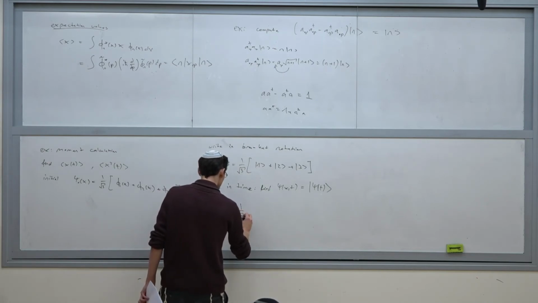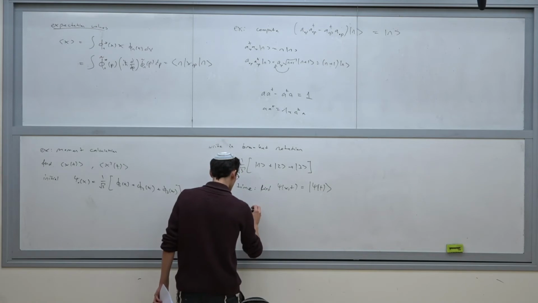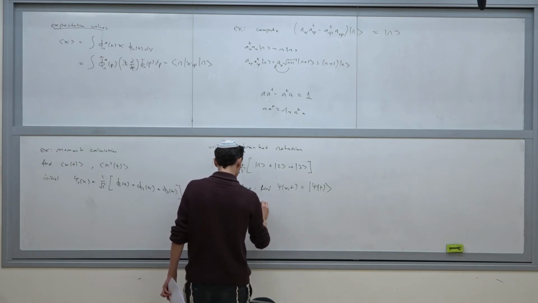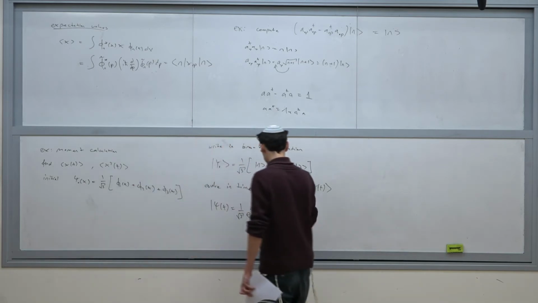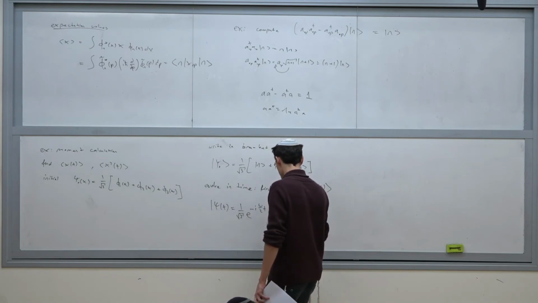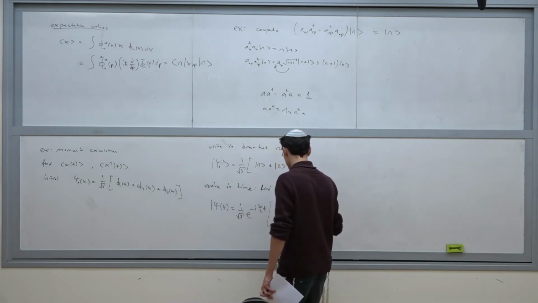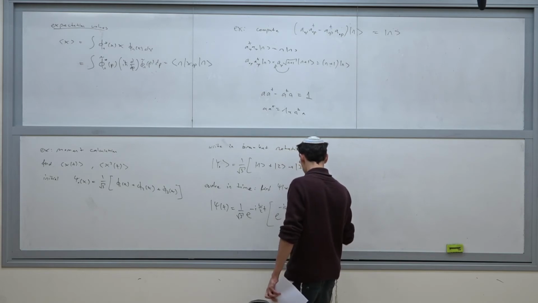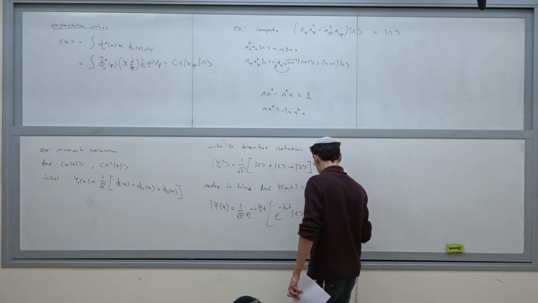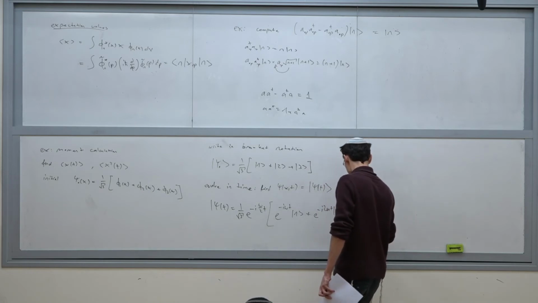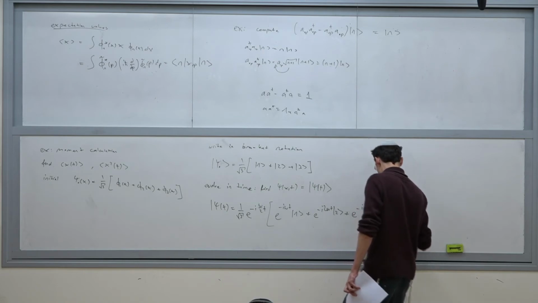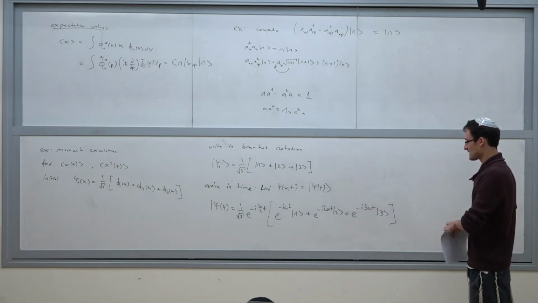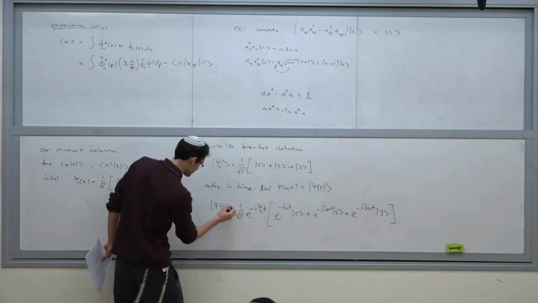is 1 over root 3. I'm going to factorize out a factor of 1/2 before everything. You see in a second why this is so nice. And I'm missing a ket over here.